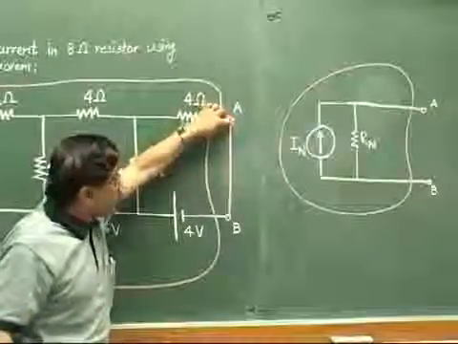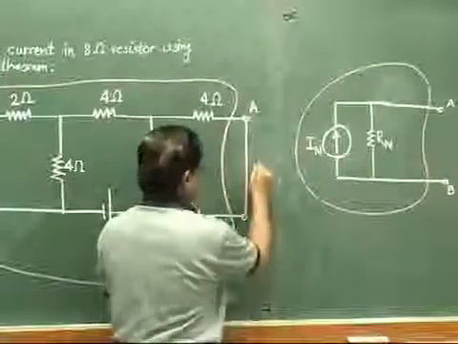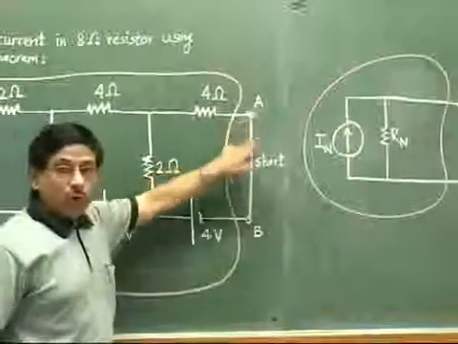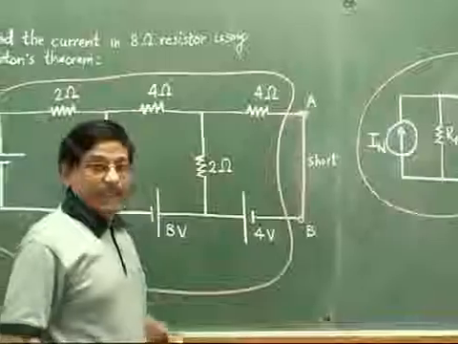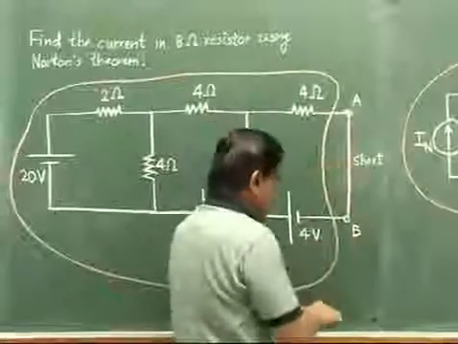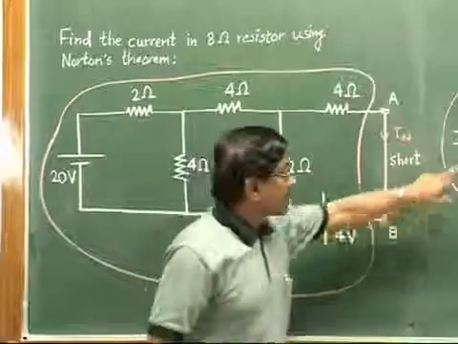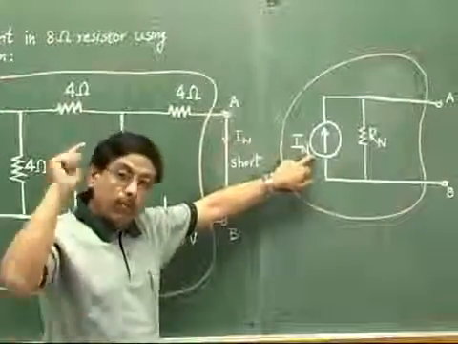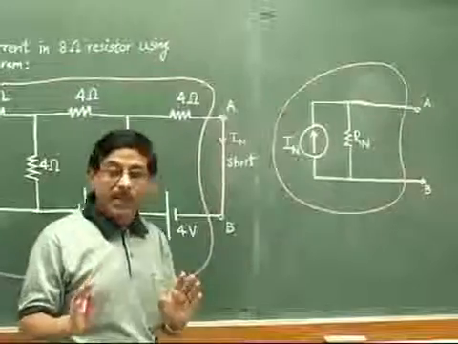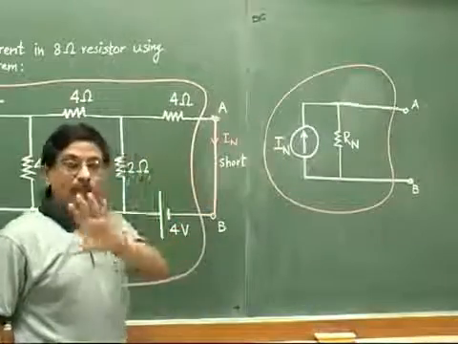If temporarily we short these two terminals straight A to B, a short circuit, a shorted link like this, and then we calculate the current in this short circuited link, some current will flow here. This current would be nothing but this IN. So the meaning of IN is nothing but the current that would flow into the shorted link. We will be shorting these points A and B just temporarily for the calculation of IN. Later on we will be removing it. So the steps would be like this.